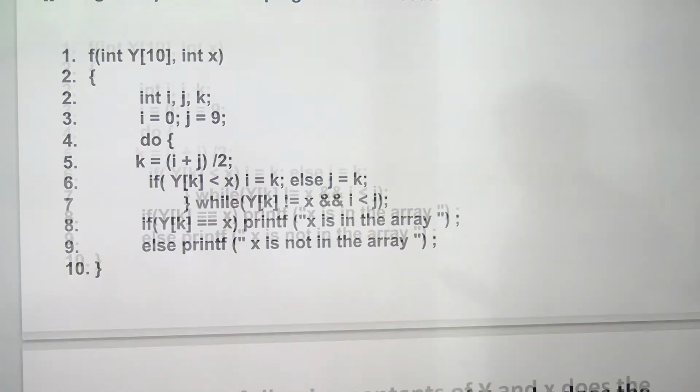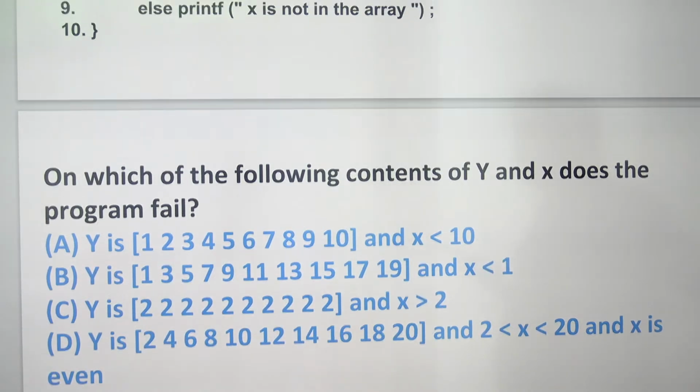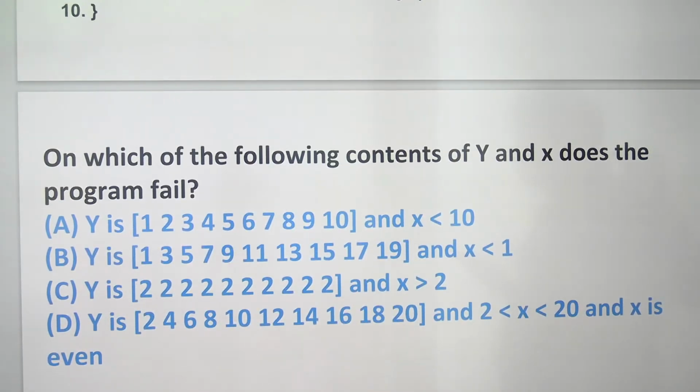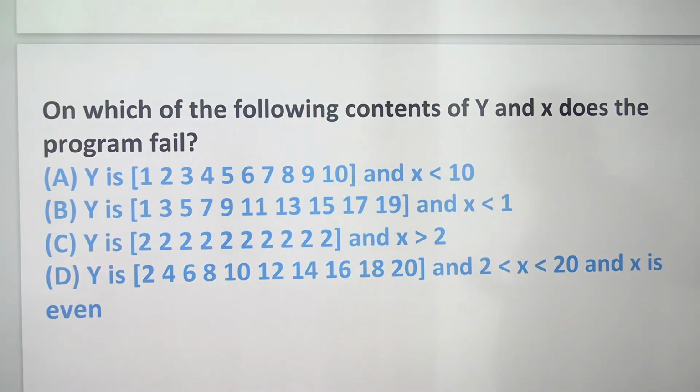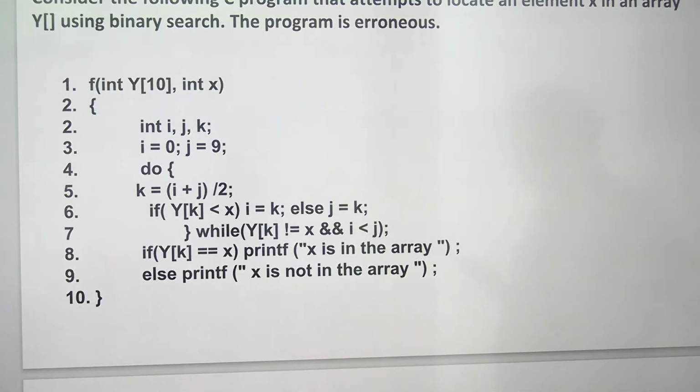Now see what he is asking. On which of the following contents of Y and X does the program fail? These are the inputs: option A, option B, option C, option D. This algorithm has some flaw. For which input does this algorithm fail?